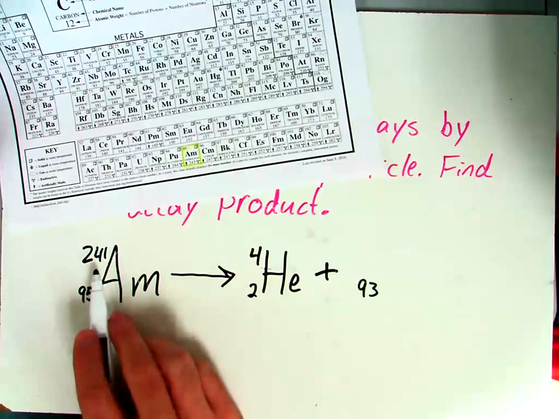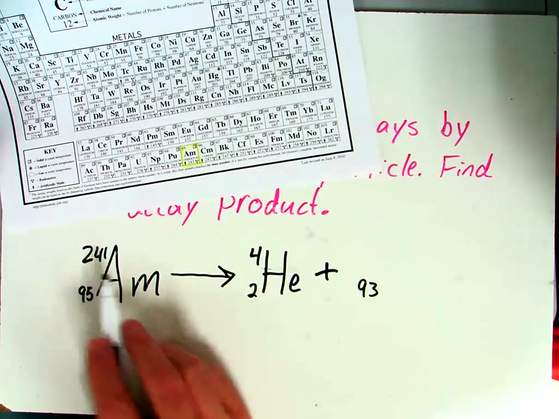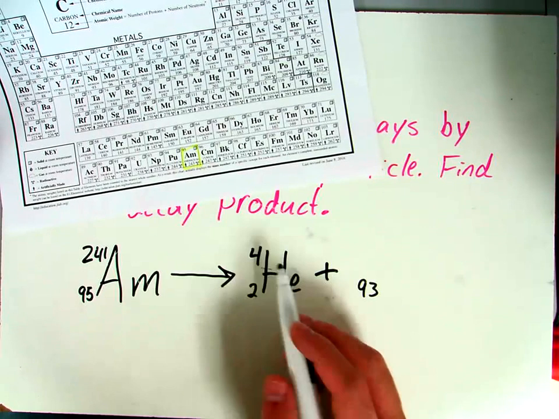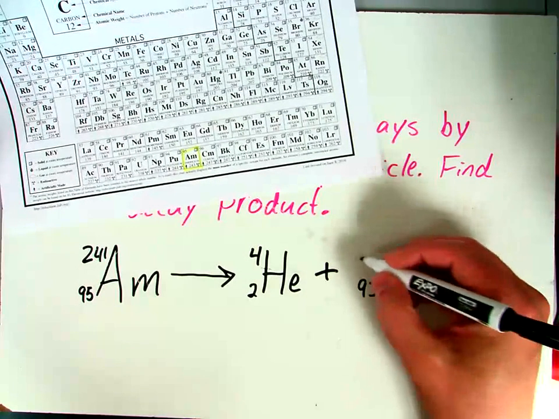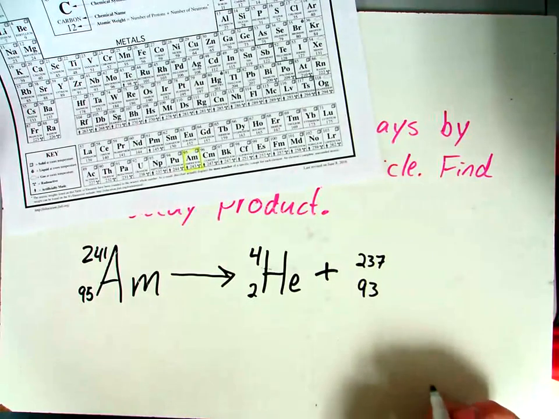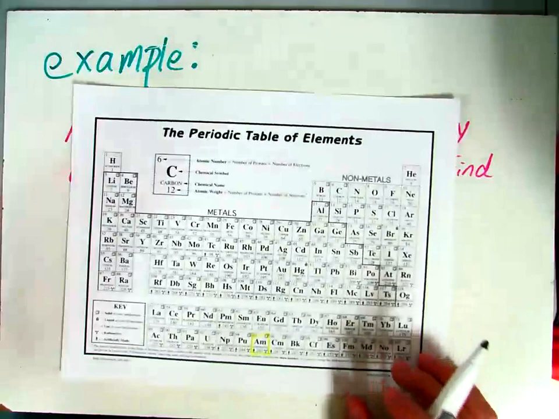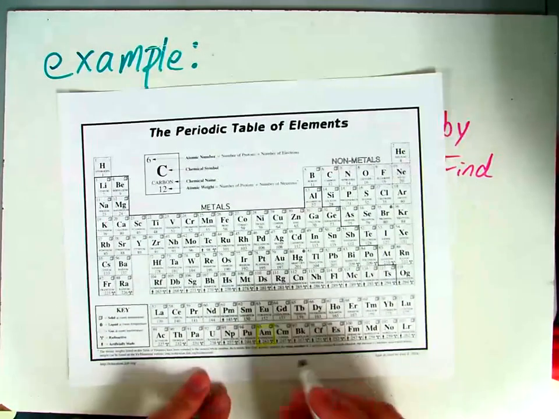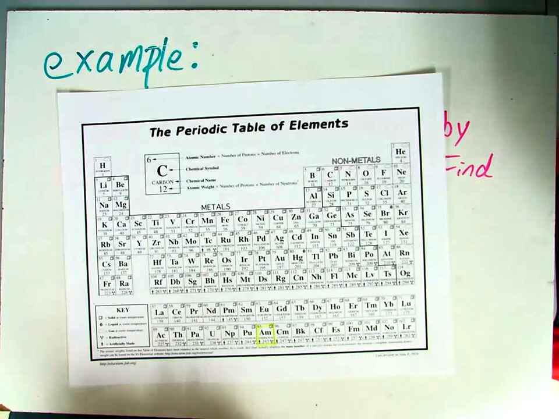Atomic mass-wise, we started out with 241, and we've got 4, so it would be 241 minus 4, this would be 237. To figure out what that would end up being, we go down 2 on the periodic table.